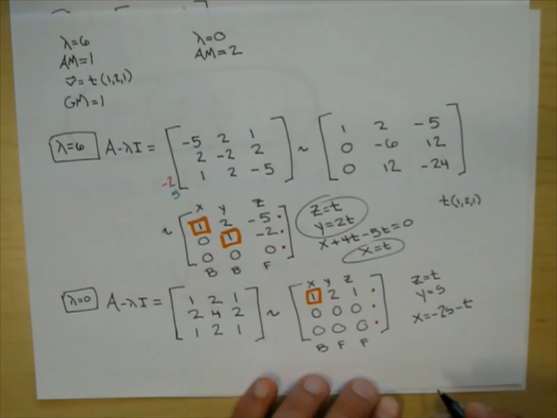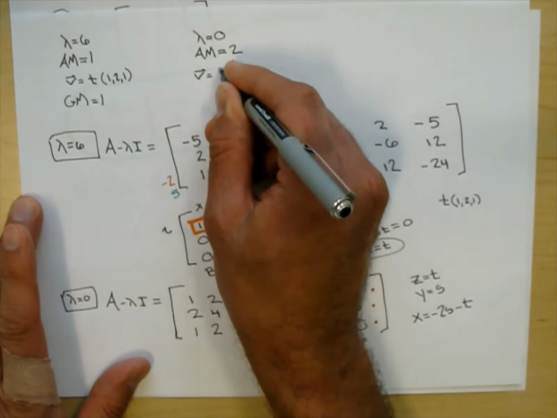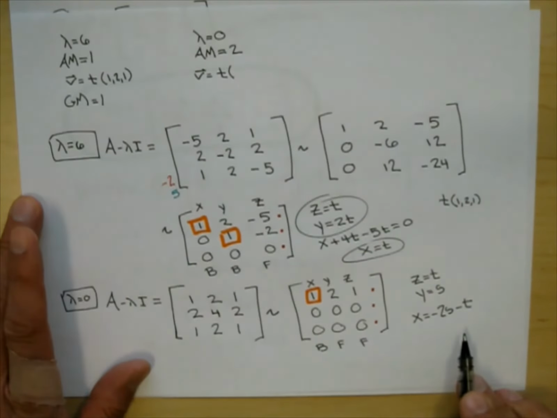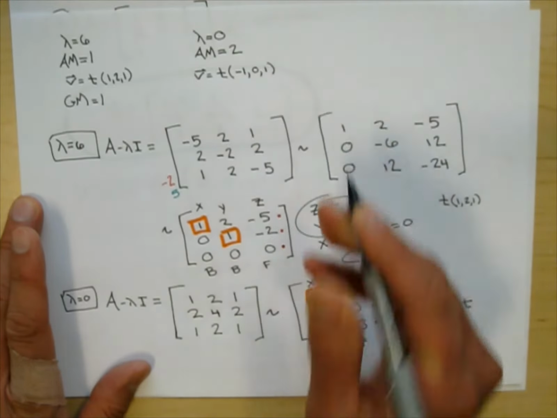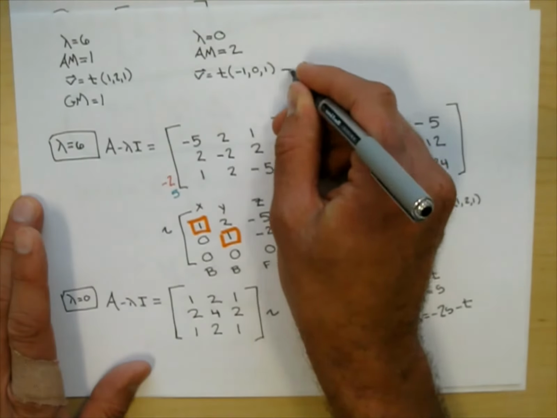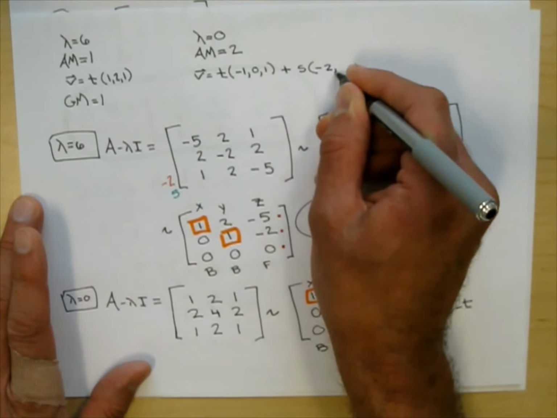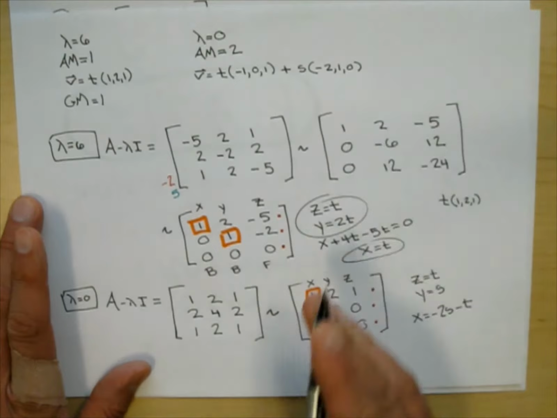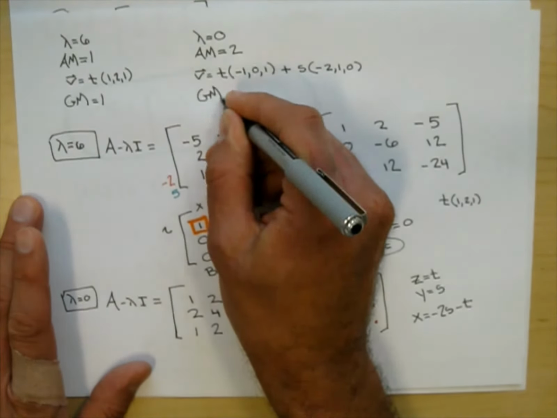So I end up getting, I'll put my t's first: t times negative 1, 0, 1, plus s times negative 2, 1, 0. Both s and t are not equal to 0, and the geometric multiplicity happens to be 2.